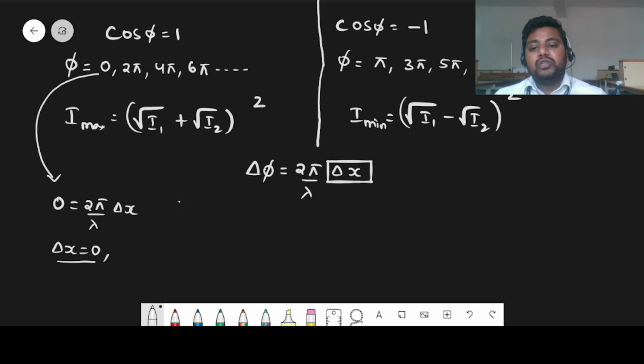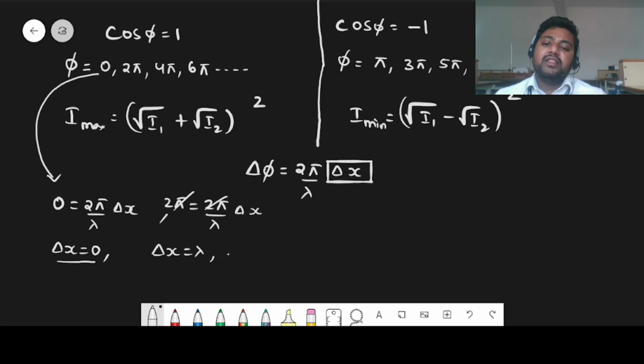In the same way, if you substitute the next, 2 pi is equal to 2 pi by lambda into delta x, which gives delta x equal to lambda. In this way it is 2 lambda, 3 lambda, 4 lambda. In all these positions you will get a constructive interference.